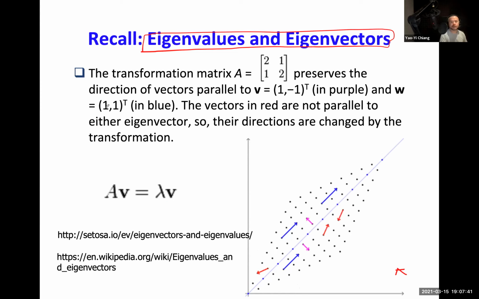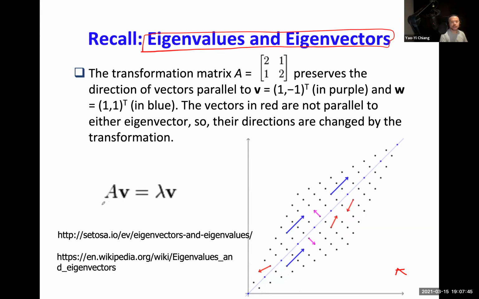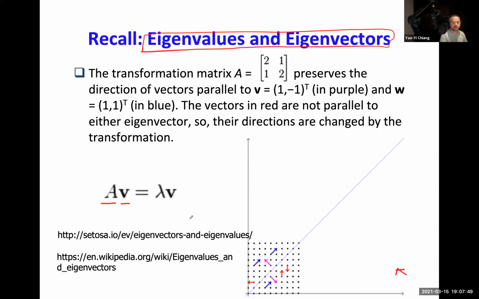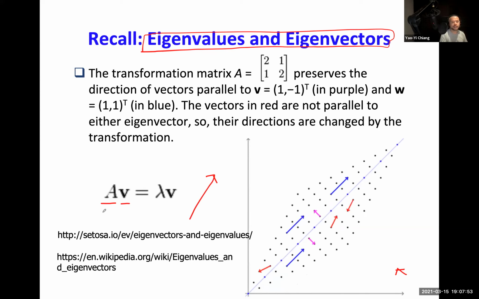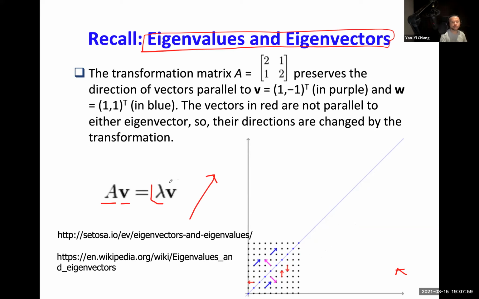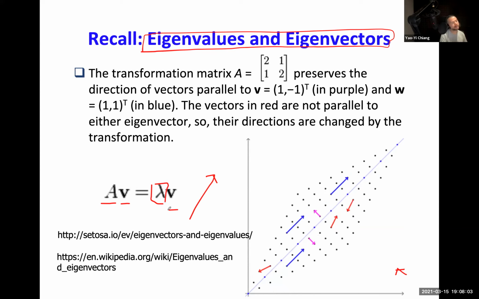If you are not familiar with eigenvalues and eigenvectors, let's look at one example. Let's say A is a matrix, V is a vector, right? A vector has a direction and a length. If A multiplied by V equals a lambda value times V, what does this mean?